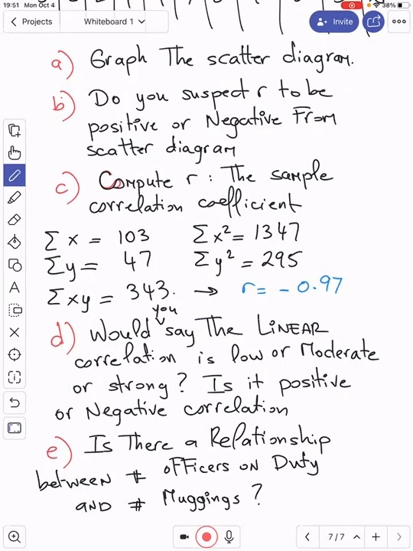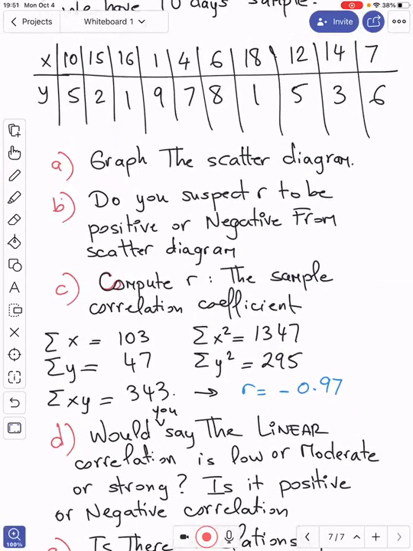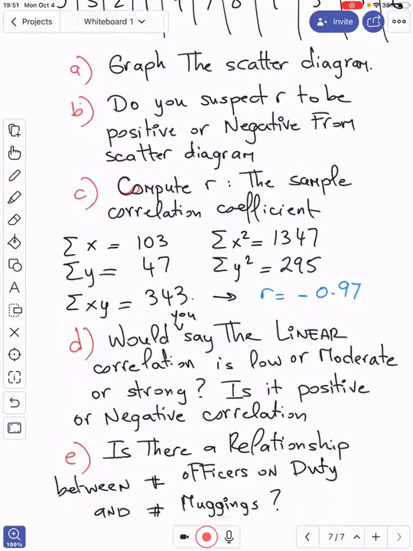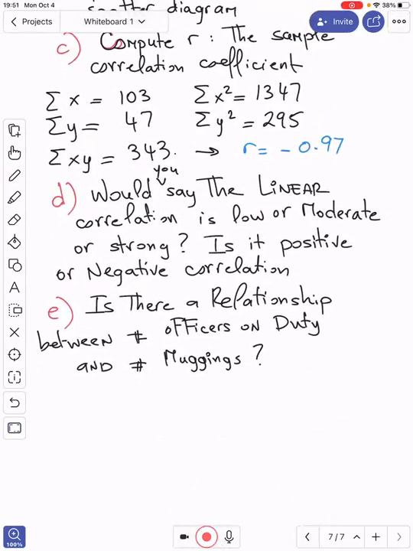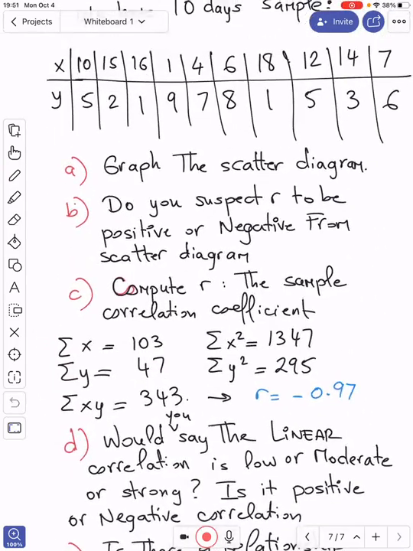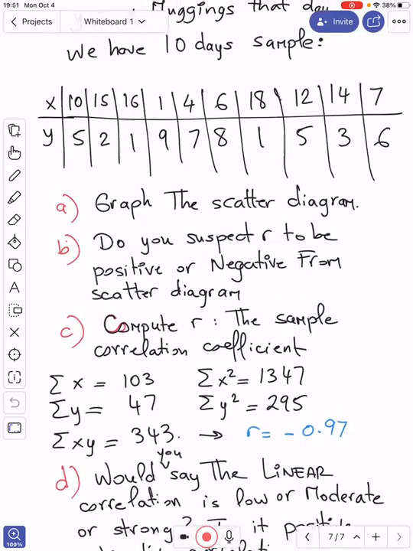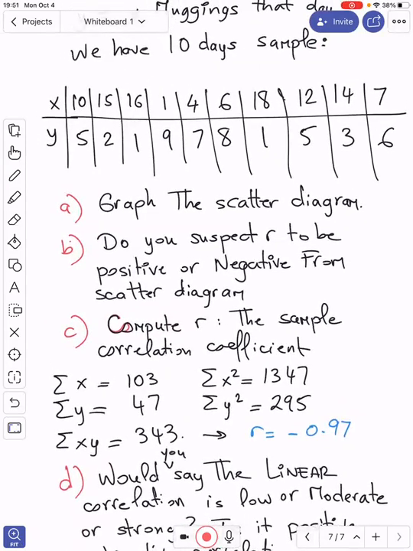Okay. So, for example, let's start with A. Graph the scatter diagram. When you graph the scatter diagram, of course, you need two axes, the x-axis and the y-axis. Now, for the x-axis, the smallest value of x is 1, right?